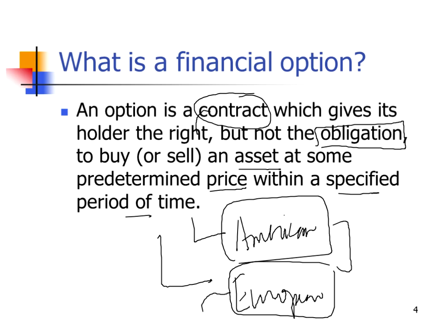European option can be exercised only on the expiry date. So you're buying the option to buy or sell on one specific date for European option. In case of American, you can buy or sell within that window anytime you want.